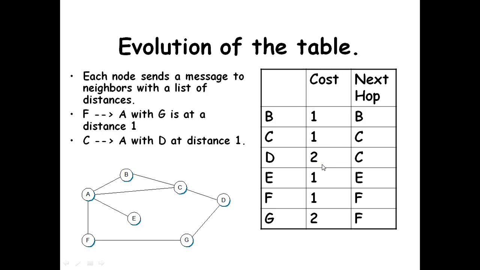How is it done? C sends a message to A that D is 1 hop away from C, so A considers D to be 2 hops away from it. Similarly, the cost for G from A is taken through F.